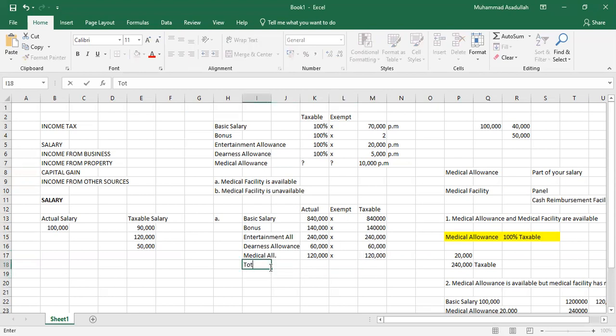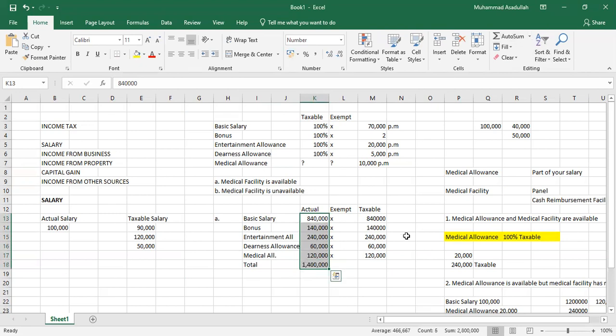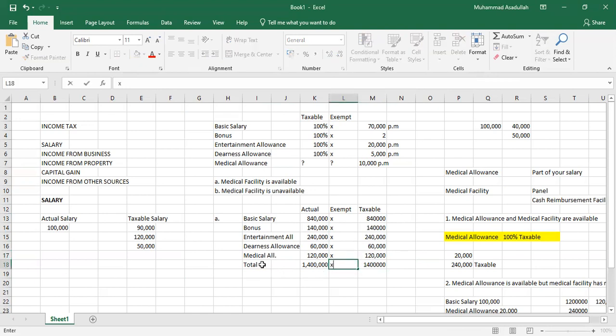Now the total of actual salary and the total of taxable salary, with nothing exempted: the actual salary is 1.4 million and the taxable salary is also 1.4 million in case A. So the calculation is very easy.